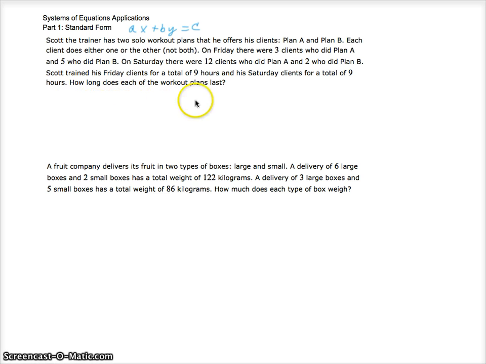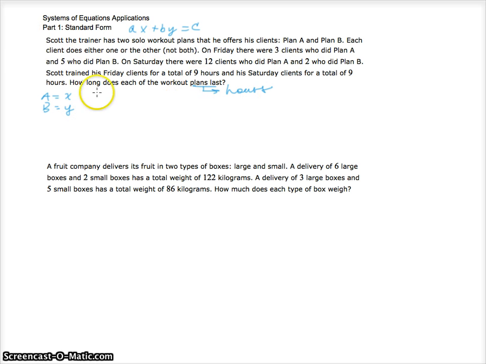And the question is, how long does each workout plan last? And that means we're talking about hours here. So let's make Plan A x hours, and Plan B is y hours.